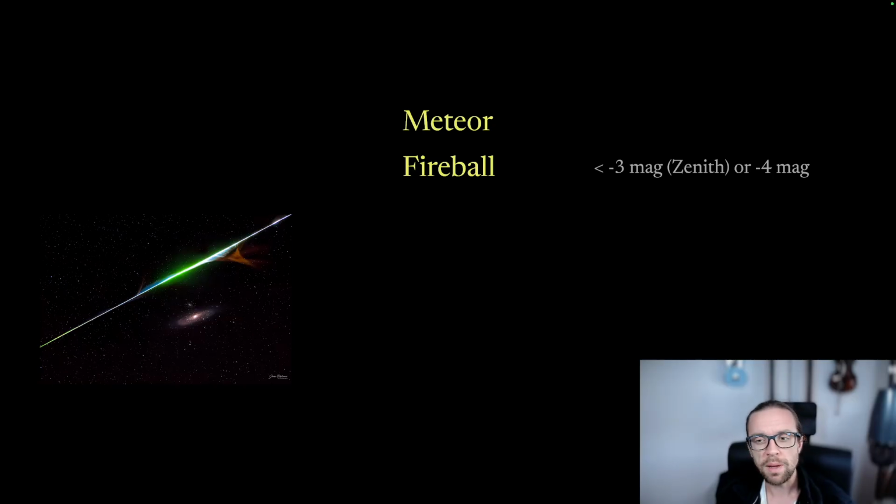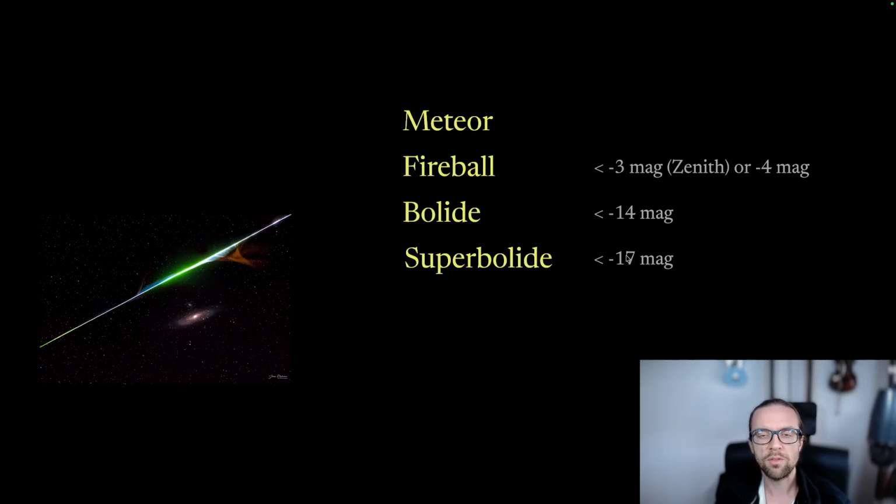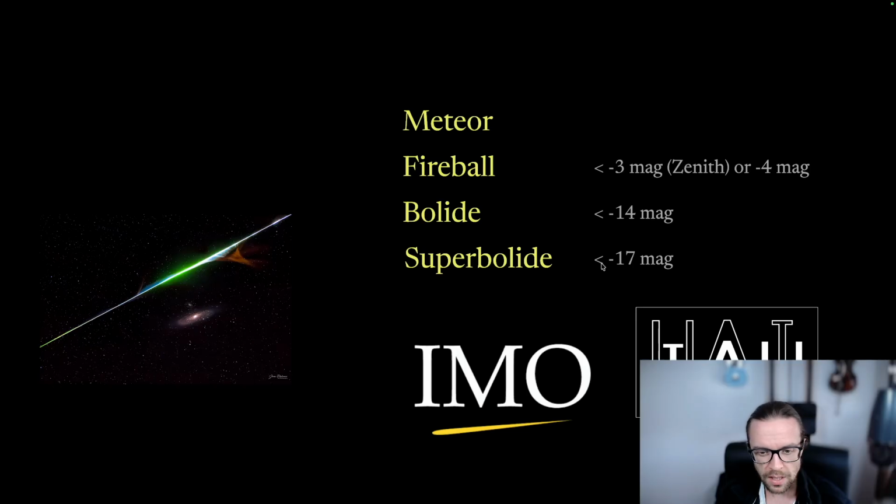We have the International Space Station, and also some meteors are brighter, as well as fireballs, the sun and the moon. But if it's even brighter, then it's called a bolide, like -14, and a super bolide, -17. These are really the big ones that definitely leave remnants and maybe also some kind of damage on our home planet.